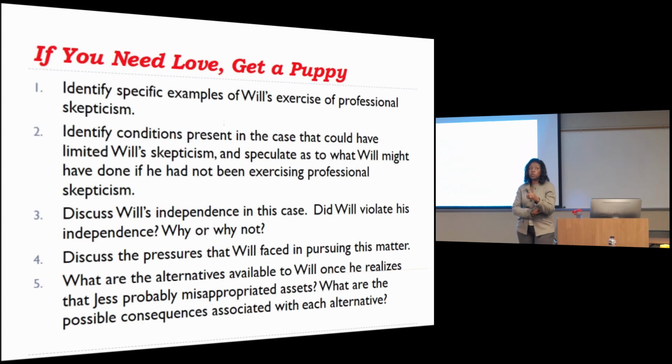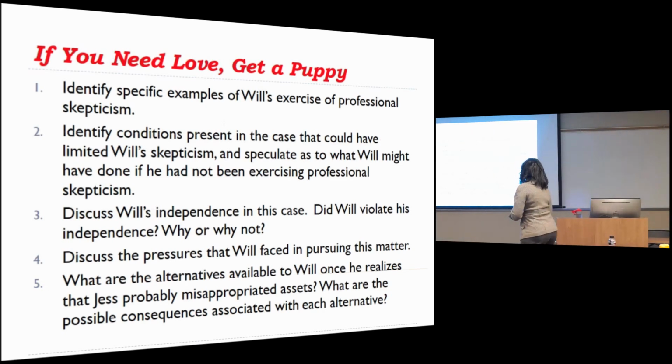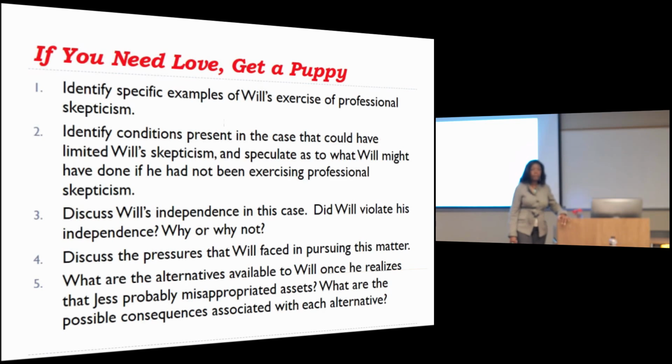He couldn't be constrained by the fact that it was only $320. So what else? There are some other conditions that existed. What about the directions that the partner gave him? Was that in any way a potential impediment to him being skeptical?